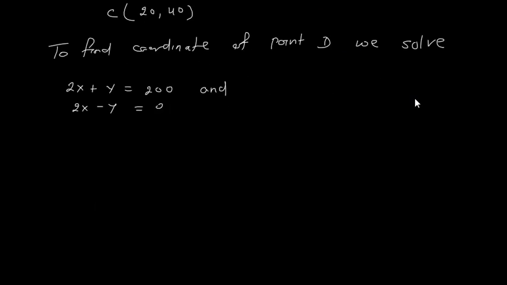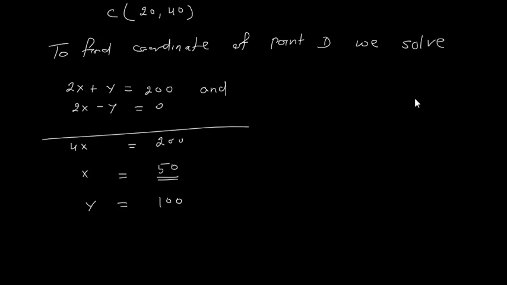So here we add, we get 4x is equal to 200. That gives me the value of x as 50 and the value of y as y is equal to 2x, so y is 100. So the coordinate of point D is 50, 100. So D is 50, 100.